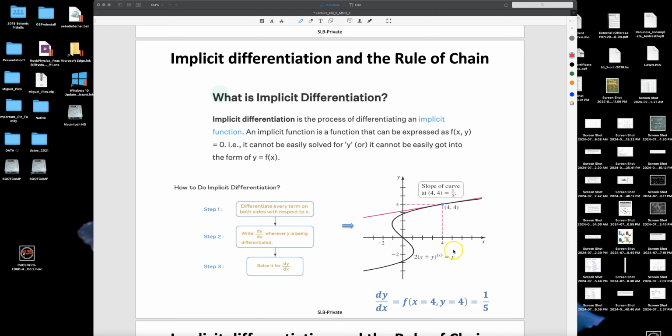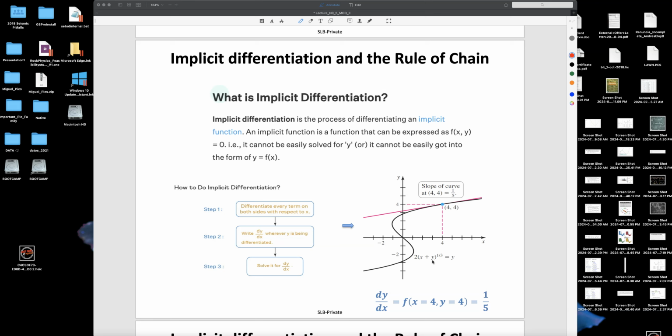So, this expression that you see here is an implicit function. But the problem with this implicit function is that if you want to isolate or to solve for the dependent variable y, it's going to be, from the mathematical point of view, very challenging, or probably almost impossible to do.